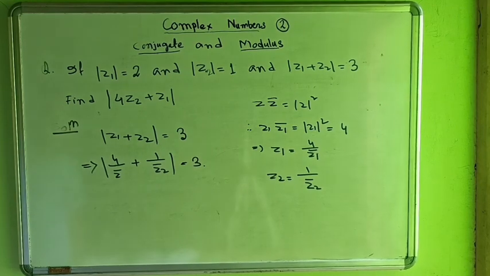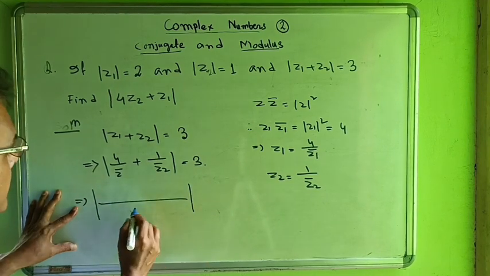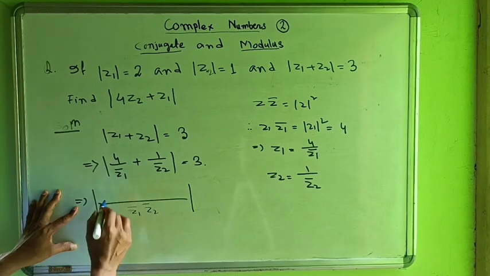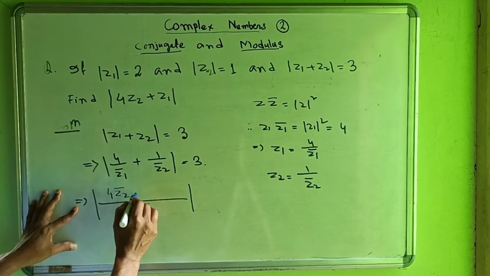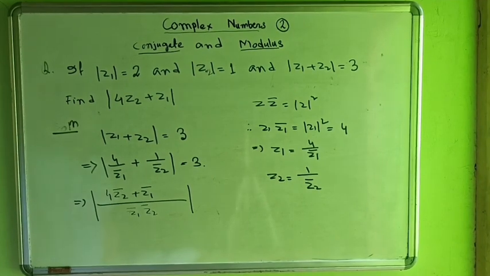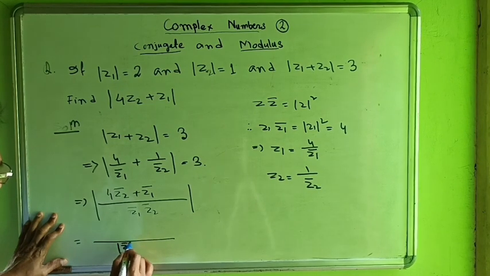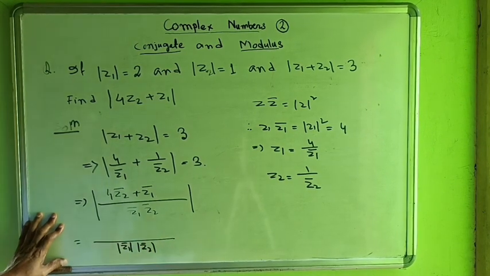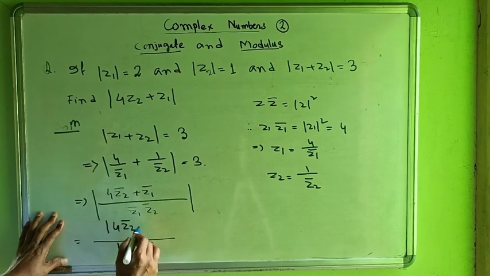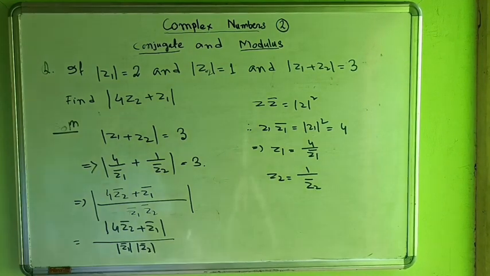If we take LCM, then this implies we get mod of 4 Z2 bar plus Z1 bar divided by mod of Z1 bar into mod of Z2 bar, and this is equal to 3.